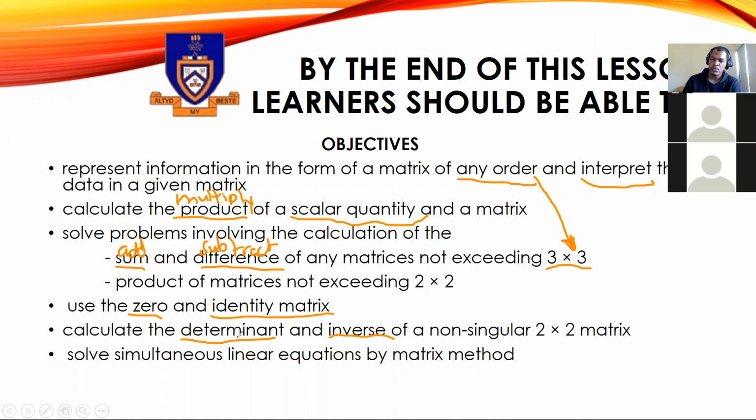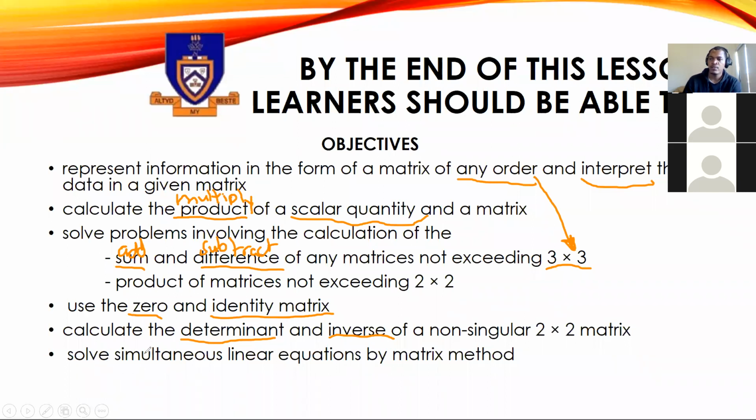This is very similar to the magnitude of a vector. We did the magnitude where we get a single answer. And the inverse, we will also look at later on, getting answers on inverses, which is a little bit complicated later on, but I believe you guys will be able to do it.